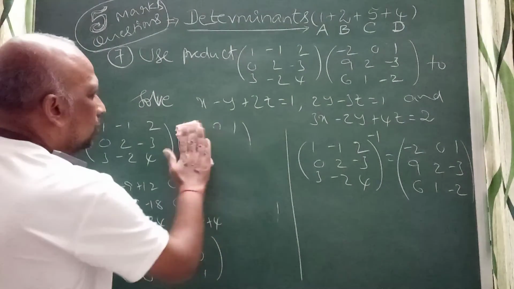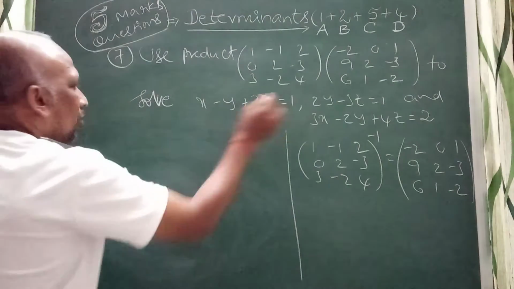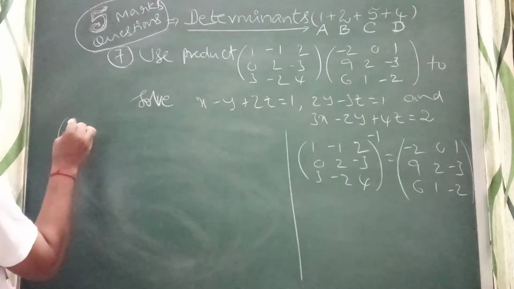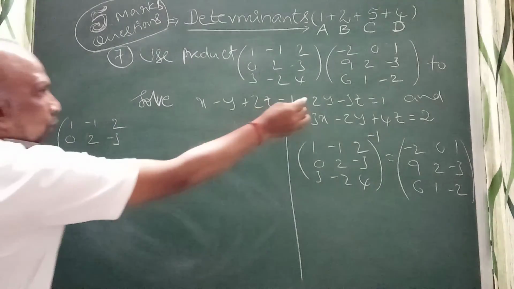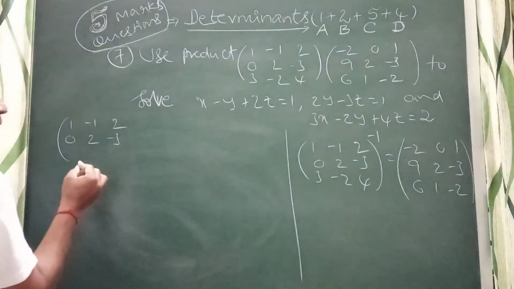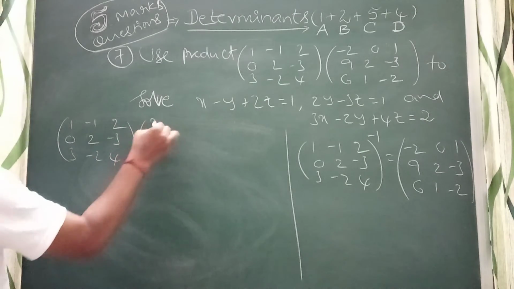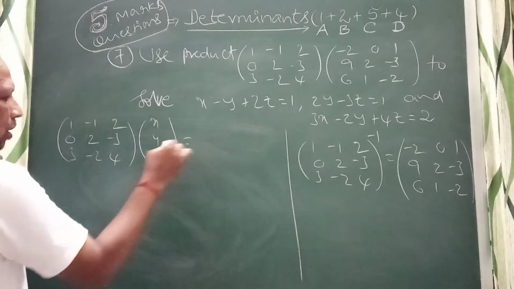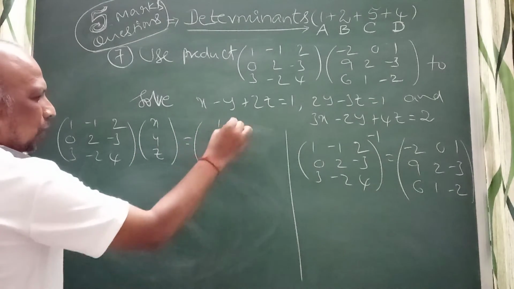Now you can see here. From these three equations I can write this matrix: 1 minus 1 2, 0 2 minus 3 because there is no x in the second equation, and 3 minus 2 4, times x y z, equal to the given 1 1 2, correct?